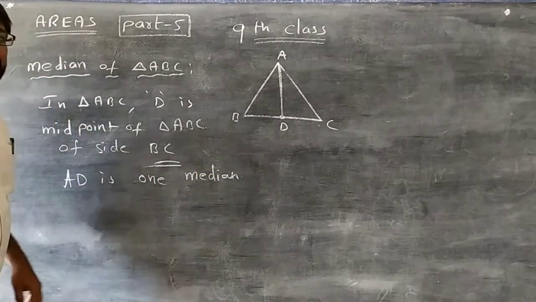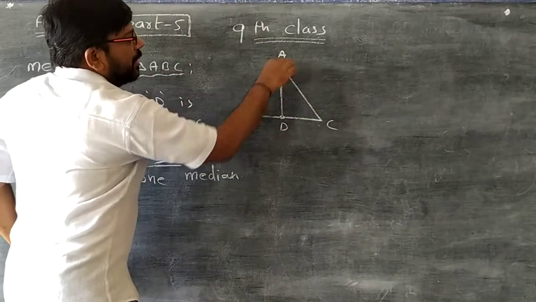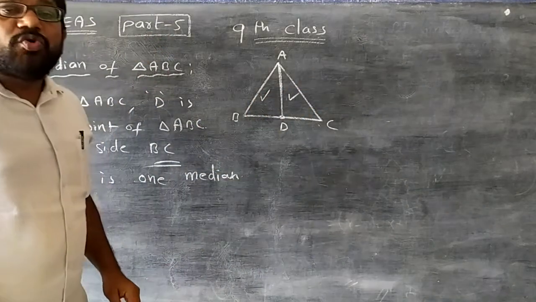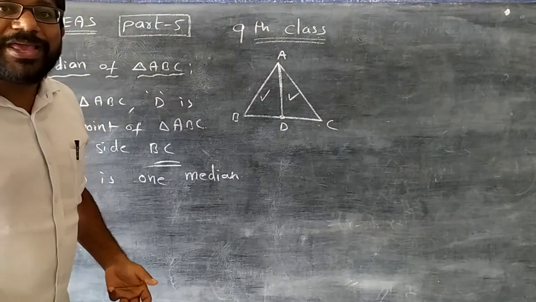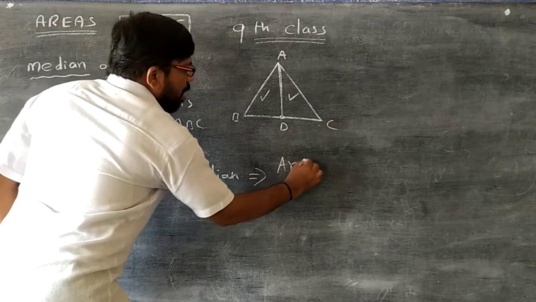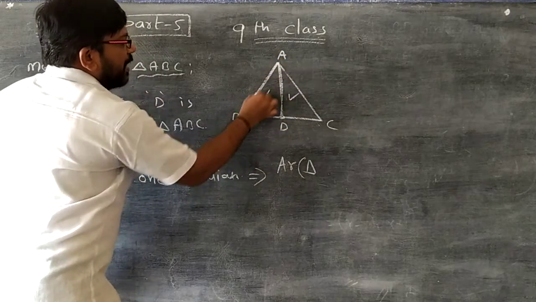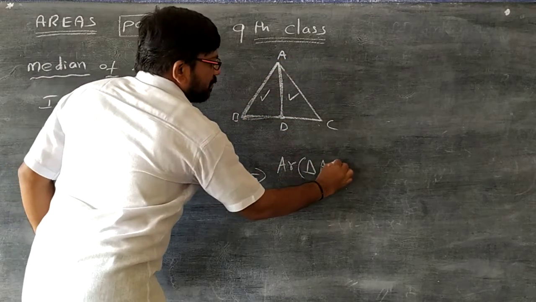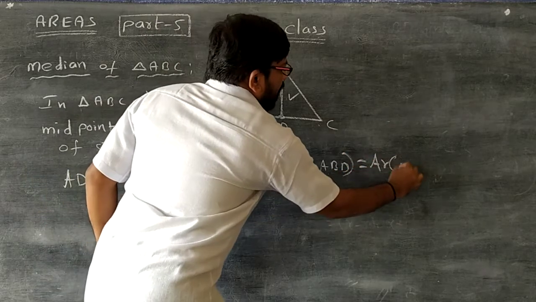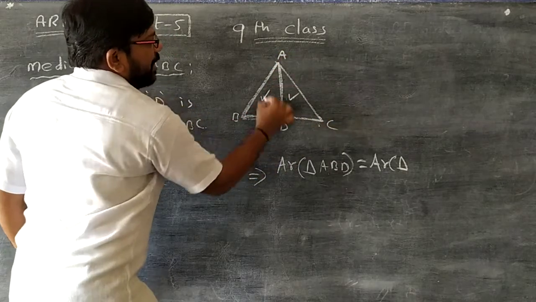This median divides the total triangle into two parts. It is one part, it is another part. The two are equal in area. That implies area of triangle ABD is equal to area of triangle ACD.